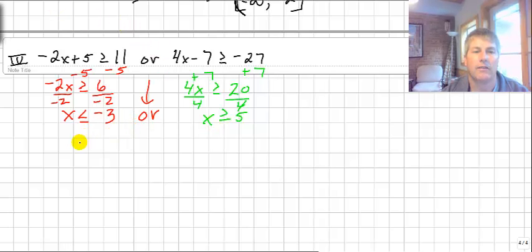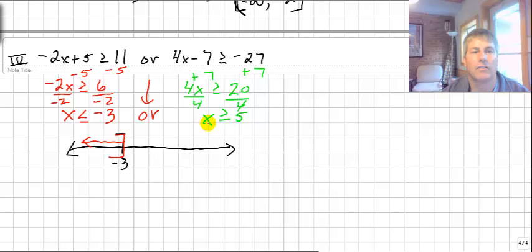Let's go ahead and take a look at this. I want x's that are less than or equal to negative 3. So I got a negative 3. I want x's that are less than or equal to negative 3. I might as well use red. So that's going to look like that.